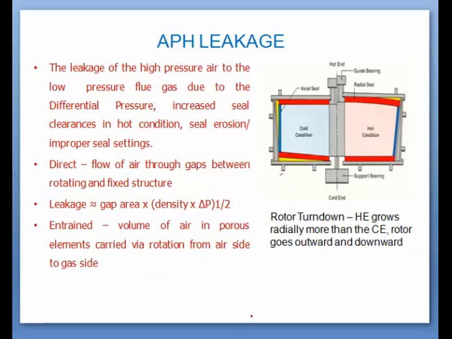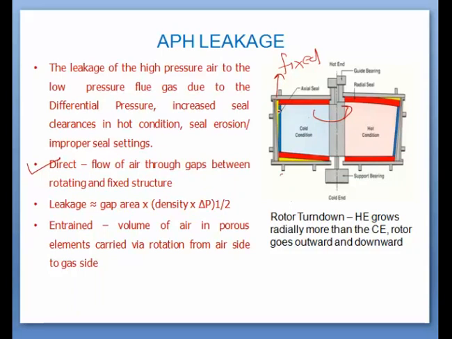Second reason is the direct flow of air through gaps between rotating and fixed structure. So this is the fixed structure, that is the housing, and this is the rotary portion which is rotating, that is the rotor.